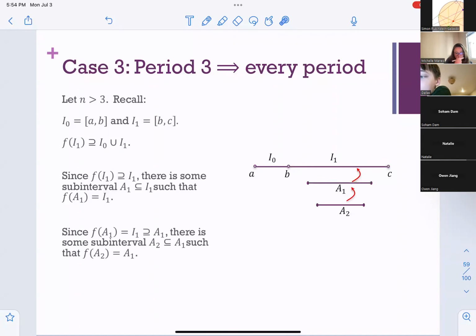So I'm going to shrink it down to make it exact. I'm going to find A2. So now A2 exactly maps onto A1, A1 exactly maps onto I1. And I'm going to just keep going, smaller and smaller intervals where each time I get this exact mapping that I want. So An minus 2 maps exactly onto An minus 1, etc., up to A2 maps exactly onto A1, maps exactly onto I1.